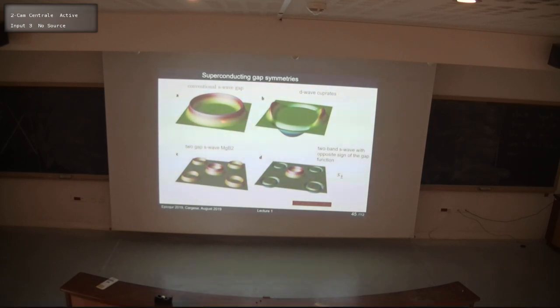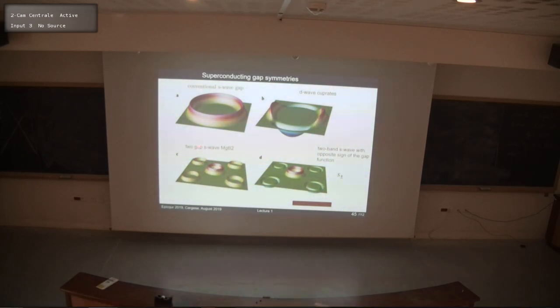As you heard last week, in a conventional superconductor, you have an isotropic gap around the Fermi surface. In a D-wave superconductor, you have nodes and a gap which changes sign in different parts of the Brillouin zone.